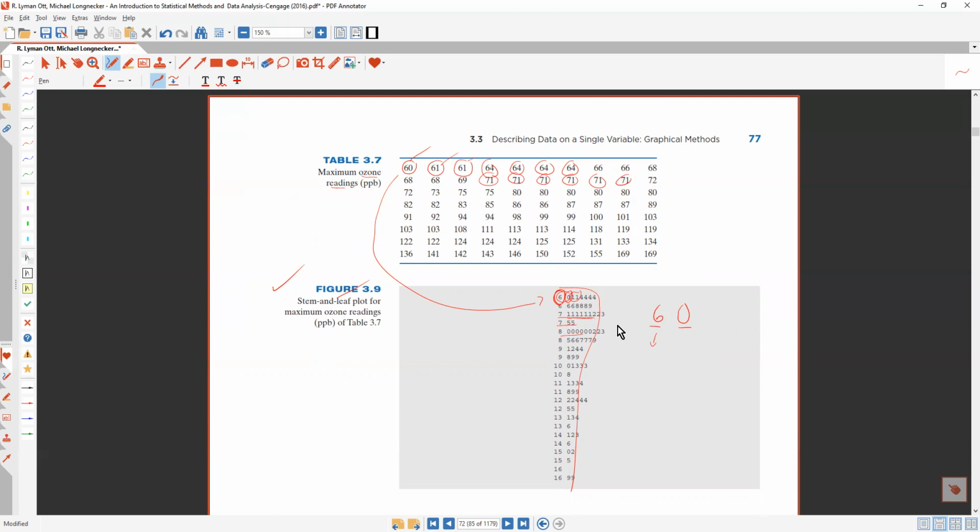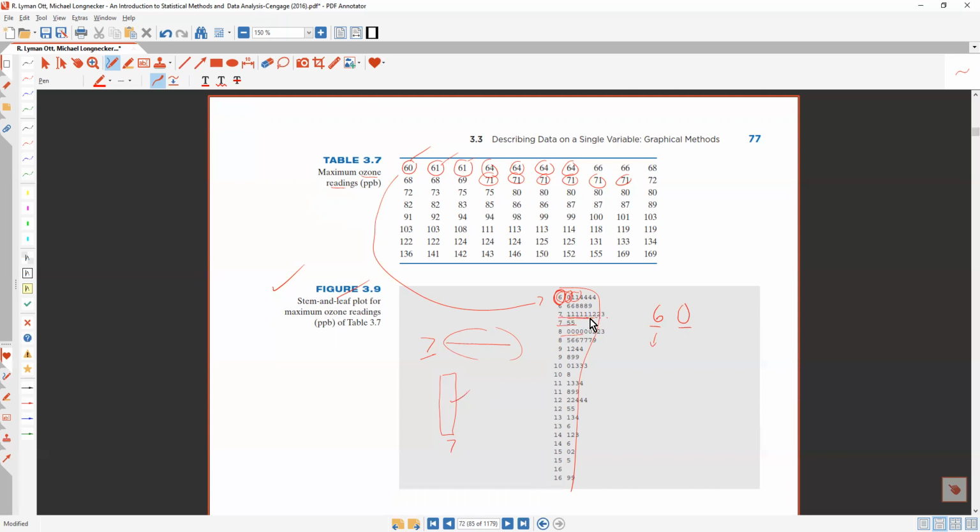Notice that if this was a bar graph and I simply had a bar representing the 7 here, I wouldn't know what's in here, right? So if I put this on its vertical like that, I wouldn't be able to tell what's inside the bar if that's a bar graph. But with the stem and leaf plot, I can actually read the numbers.